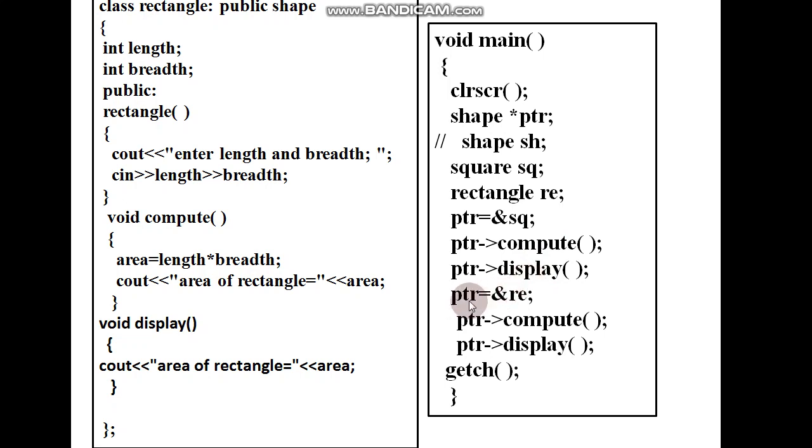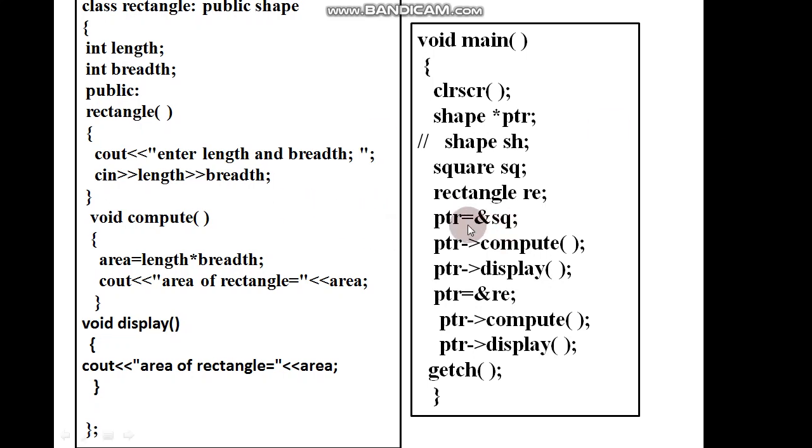If PTR contains address of rectangle, functions from rectangle class will be called. This can be resolved because we are making use of virtual functions. Compiler will concentrate on the contents rather than concentrating on the type of the pointer.